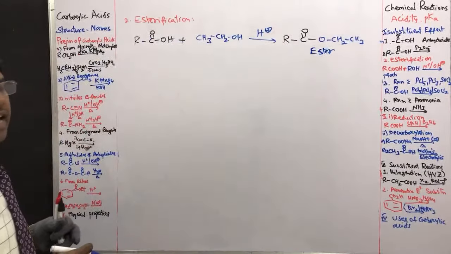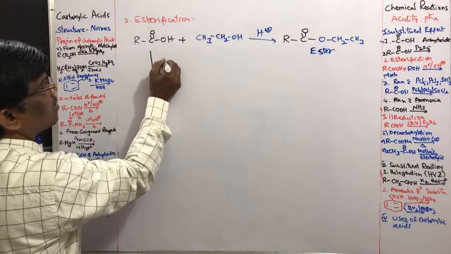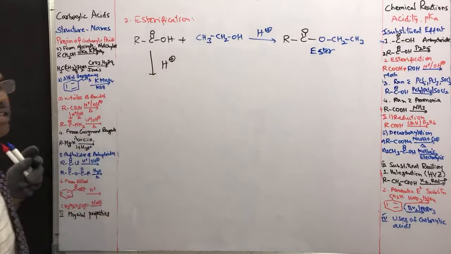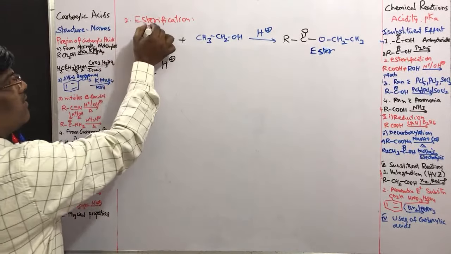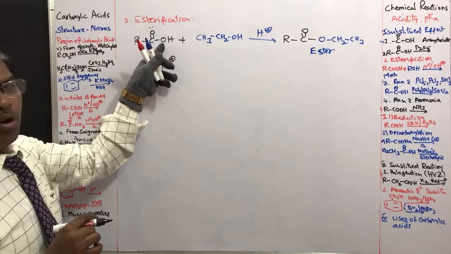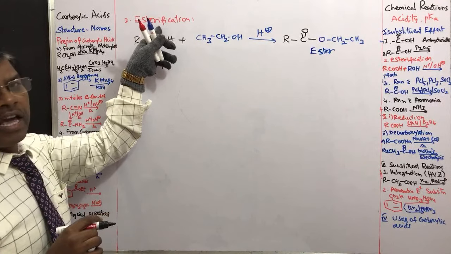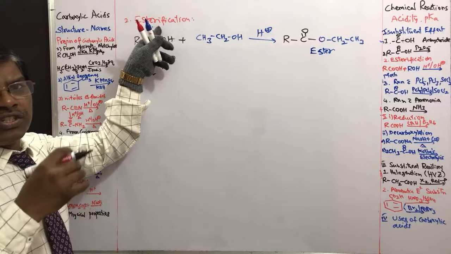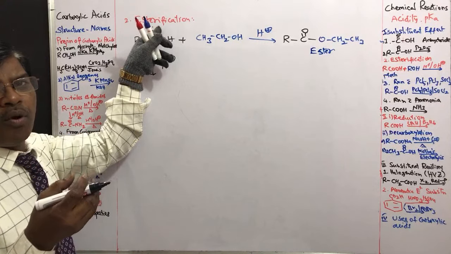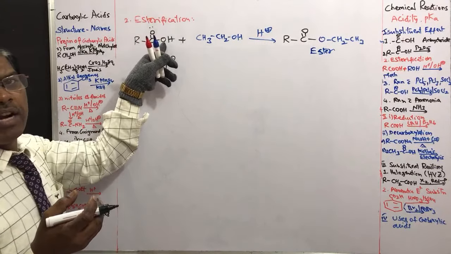The name is ester. If I write the mechanism, when I add H plus ions, the carboxylic acid will have lone pair electrons. Dear students, it also will have lone pair electrons. The oxygen which is sp2 hybridized is going to share its lone pair more easily than the oxygen having sp3 hybridization.